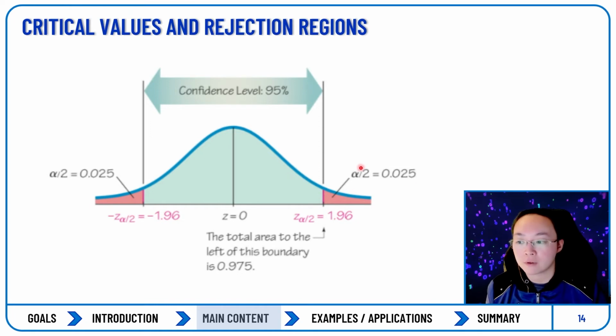So if I find a value within this rejection region and I show that there's a very low chance of getting a value in this region, then I can reject the null hypothesis and show that I'm confident my value comes from this area.